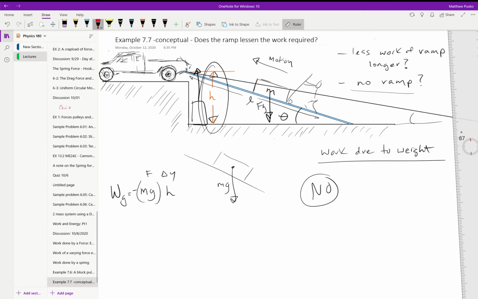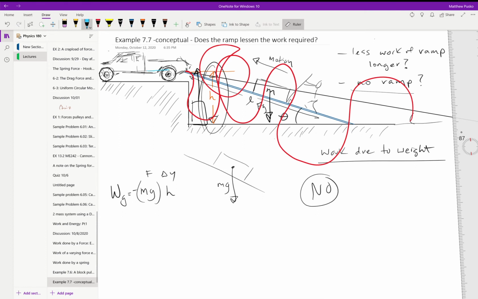In fact, I can take a path like this and it turns out that delta h is still the same all the way from ground level to the bed of the truck. We get the same exact h value.